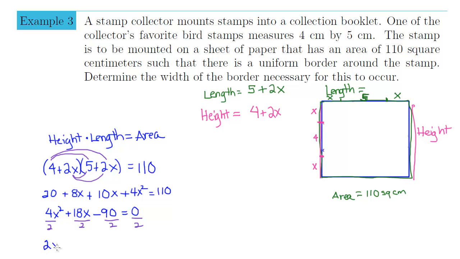So 4x squared divided by 2 is 2x squared. 18x divided by 2 is 9x. And 90 divided by 2 is 45. So we are simply solving the quadratic equation 2x squared plus 9x minus 45 equals 0.